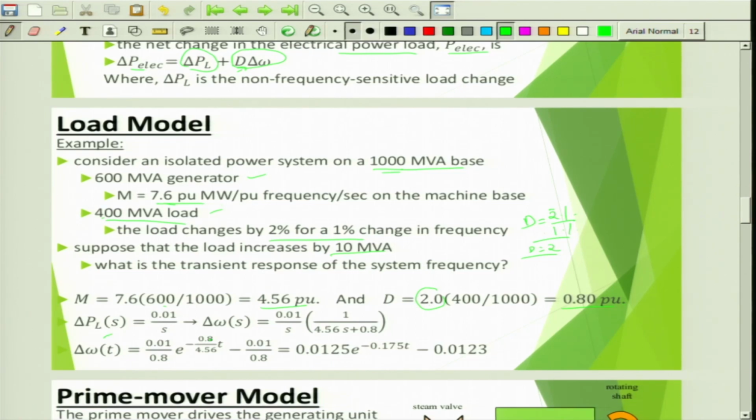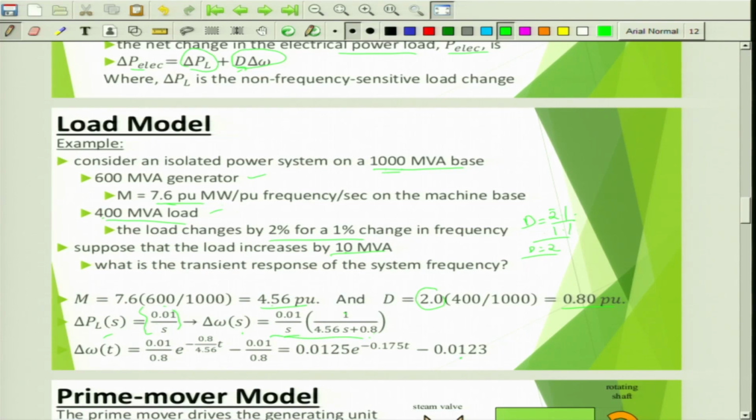And delta PL is the change in load, which is an increase in load of 10 MVA with respect to the base, this is 0.01 by s, right, because this is changing with respect to time. That is delta omega(s) is equal to delta PL into 1 by Ms plus D according to our control loop, where M is 4.56 and D is 0.8.